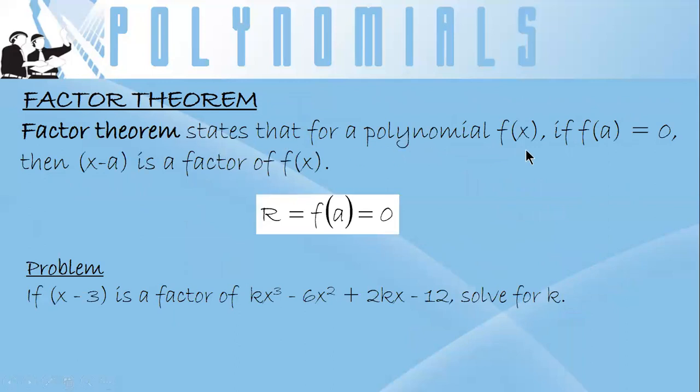Factor theorem states that for a polynomial f of x, if f of a, the remainder, is 0, then x minus a is a factor of f of x. So when x minus a is a factor, set the remainder to 0.